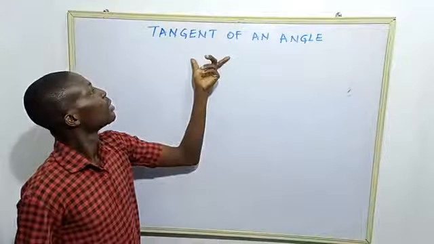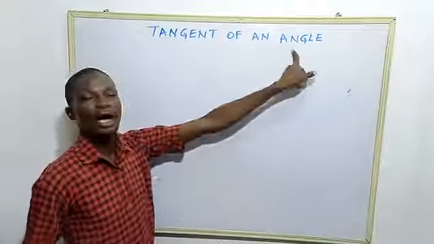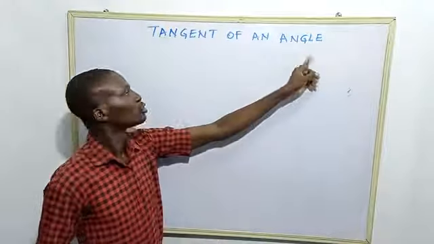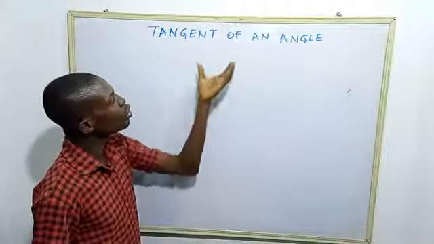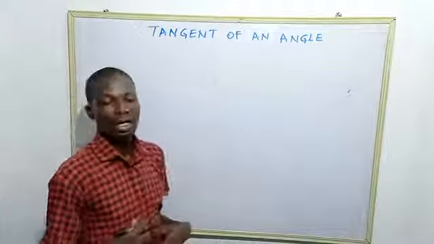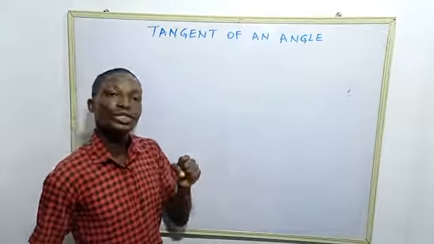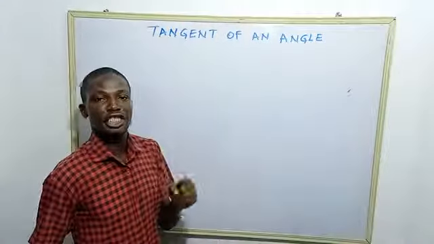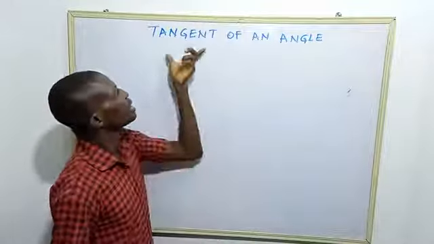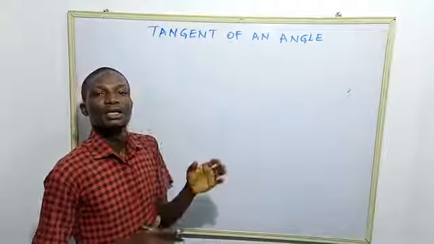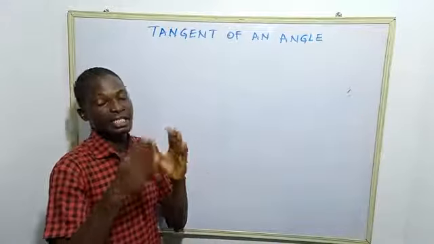Today we'll be talking about tangent of an angle. So, what do we mean by tangent of an angle? Actually, it's a way of working out the angles in a shape, and this is when you have a triangle.